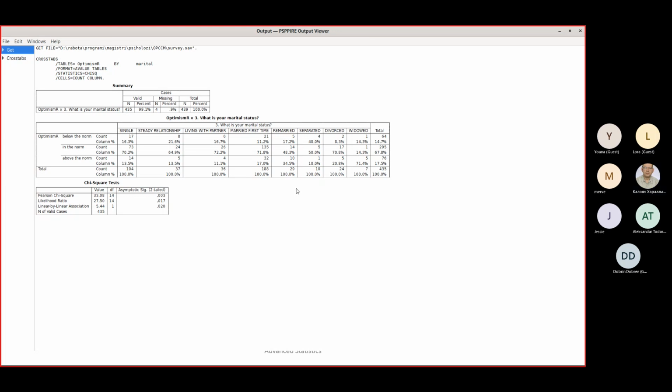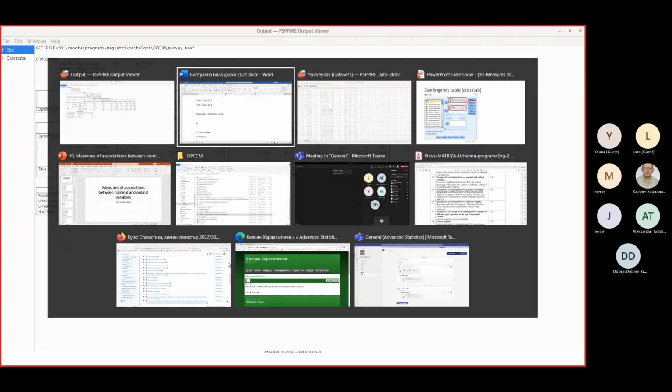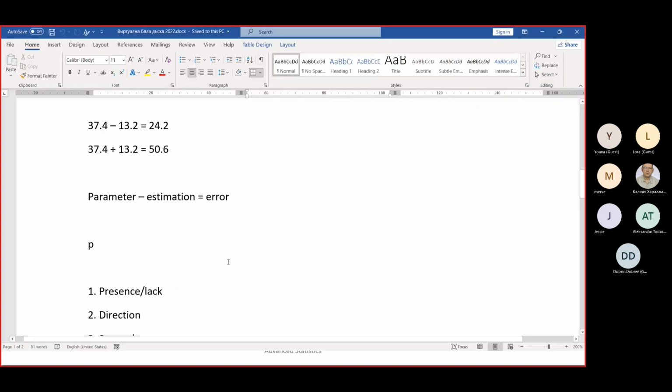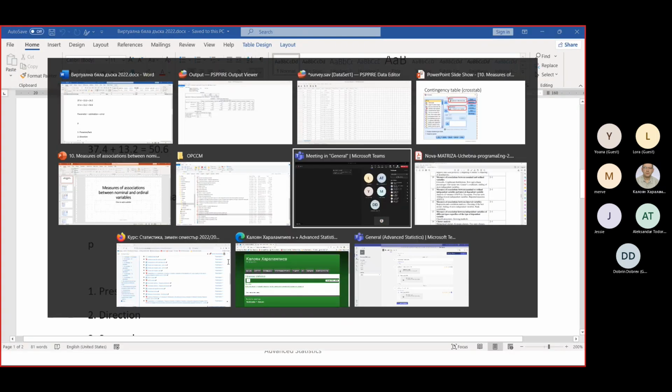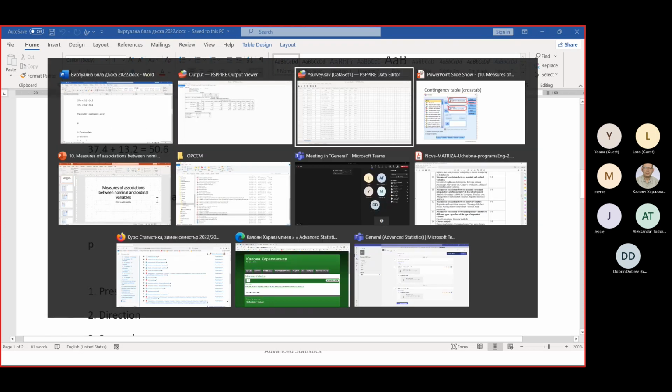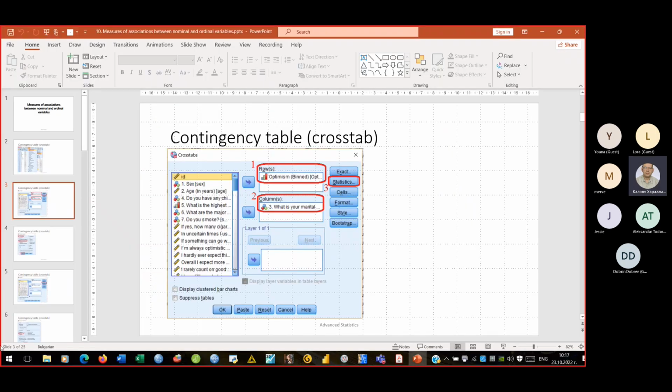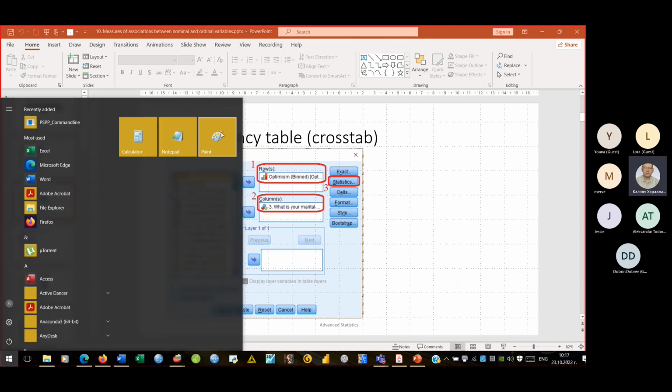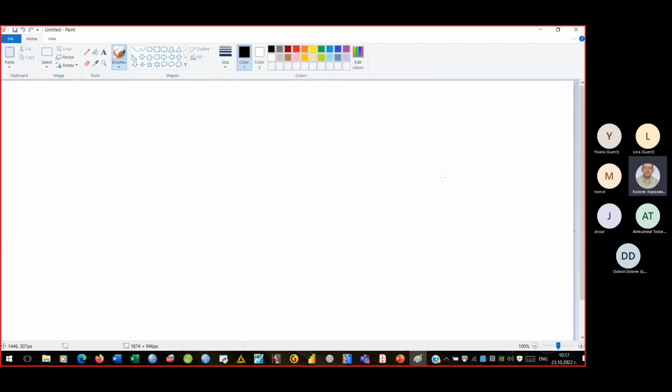And here, the method is called chi-square. I will open again the whiteboard to write. This is the Greek letter chi.